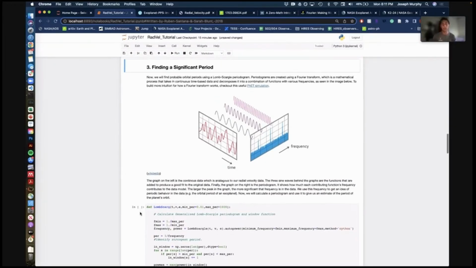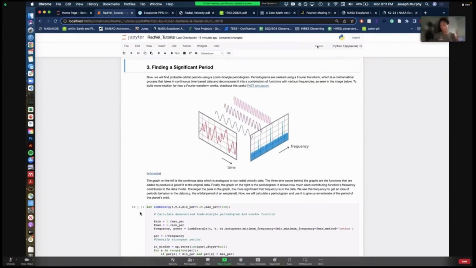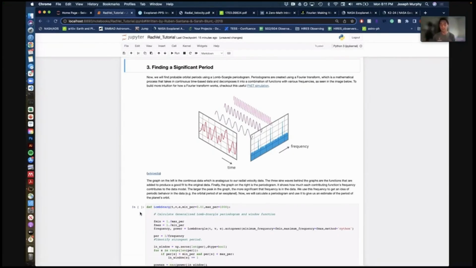And this is very important. Periodograms can be a very complicated topic. You also might hear this sort of analysis referred to as Fourier analysis. Essentially, you're looking at time series data and trying to pick out periodic or quasi-periodic signals in the data. So how do we do that?